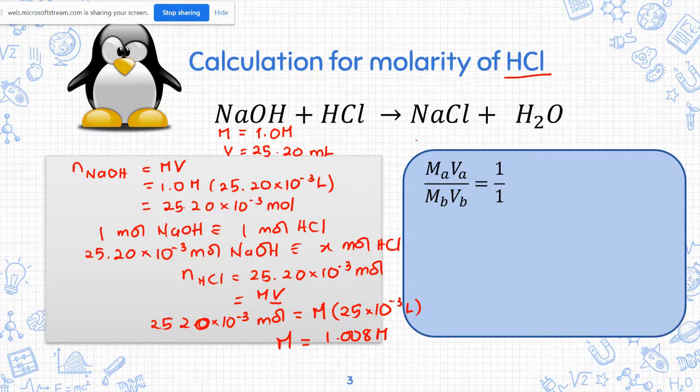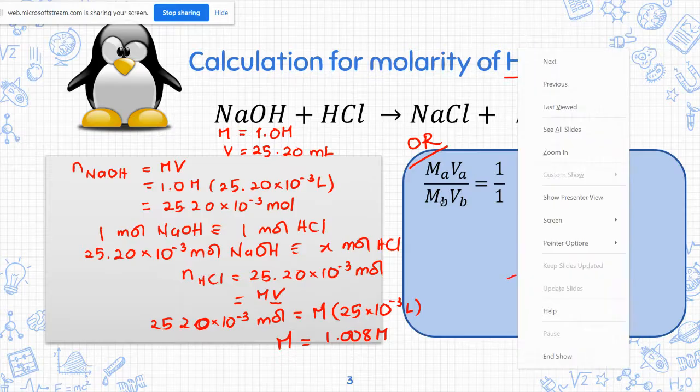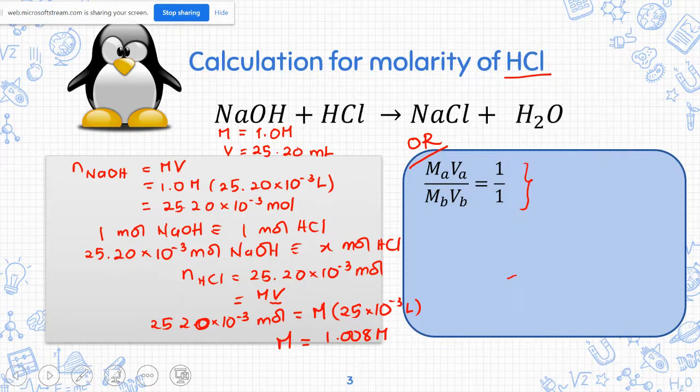Okay, and this one is an alternative. Or you can use this relation, which is MAVA over MBVB, and the mole ratio is 1 to 1. You must use MAVA, or you can put MHCl, VHCl, and so on. Don't put M1V1, be more specific.